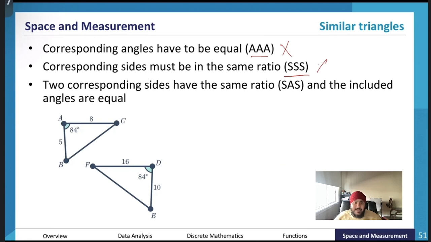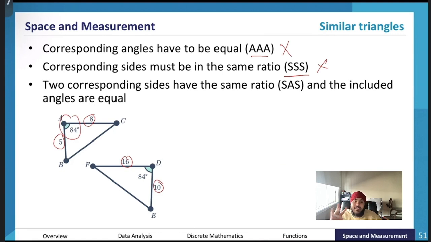The way SAS works is we look at the corresponding sides, this side and this side, and this side and this side, and we need to see if they're in the same ratio. It might not be obvious, so try to orientate the triangles in a similar direction. The way I like to do it is to look at the included angle.